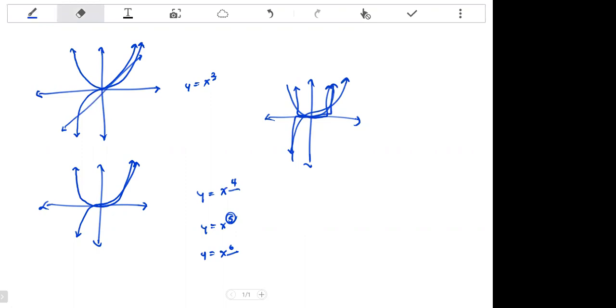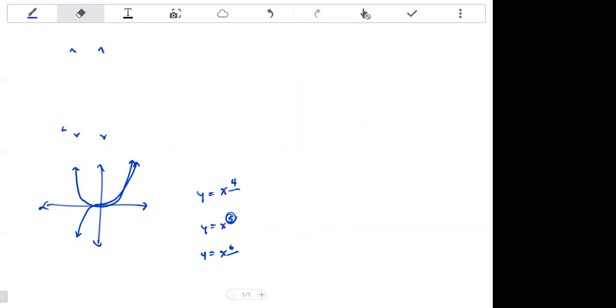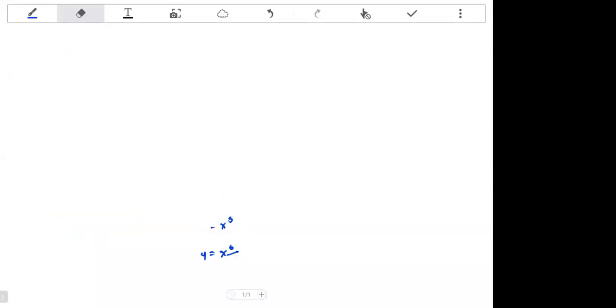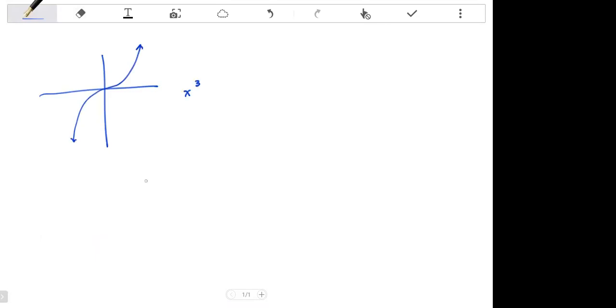So you have to memorize these shapes. Really, you only have to memorize 4 different types of shapes, which is x cubed, right? This is x cubed. But you also want to know this shape. What do you think the equation is?